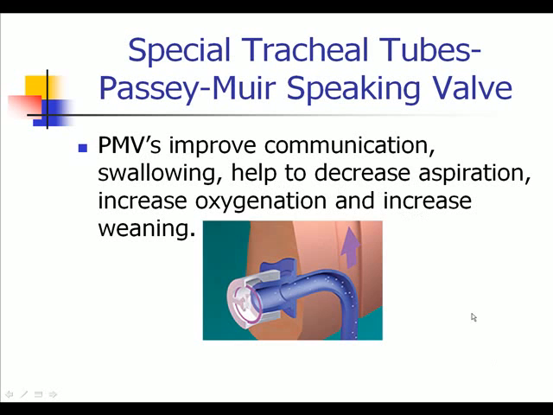So these valves are actually very handy, especially when you're trying to communicate with individuals or children that have trachs in. It's hard sometimes to read their lips and to understand what they want. And when you place the Passy-Muir valve on there, they're actually able to speak. So again, from a morale standpoint and psychological standpoint, it allows them to speak.